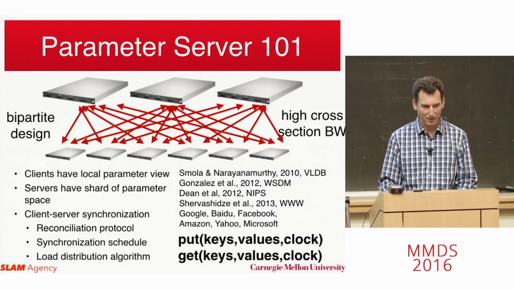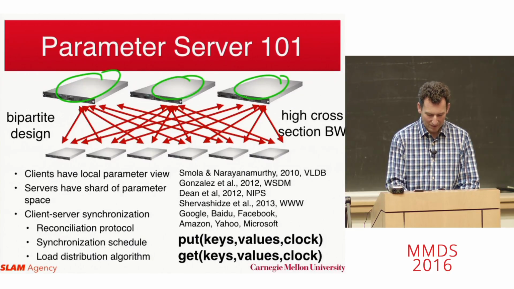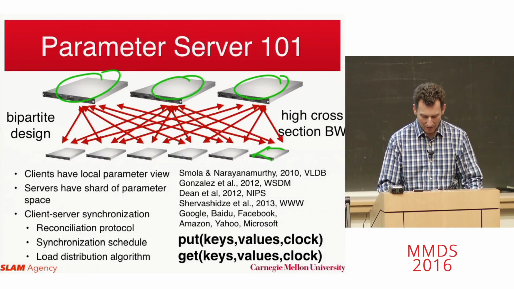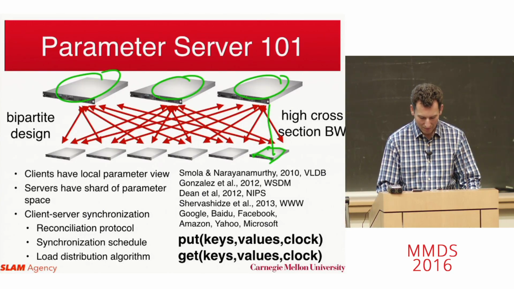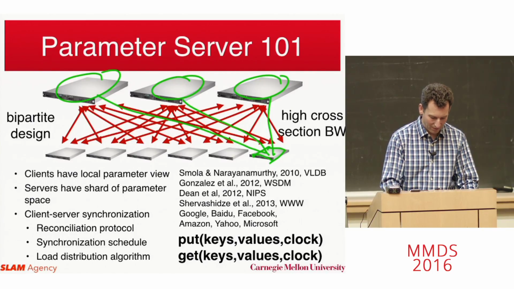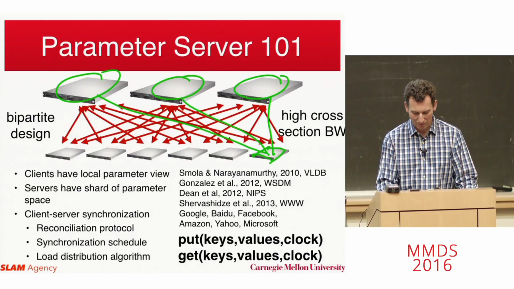We do the same thing in terms of parameter storage. Each of those machines here basically has a shard of the model, and then the workers just request parts of this model from different machines. There's a lot of nice math on how you can lay it out automatically, and pretty much everybody has converged to that by now.